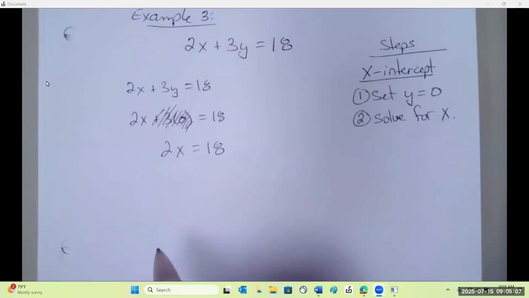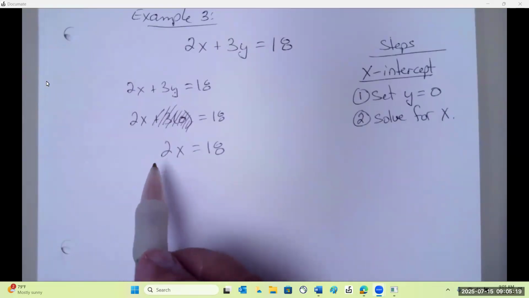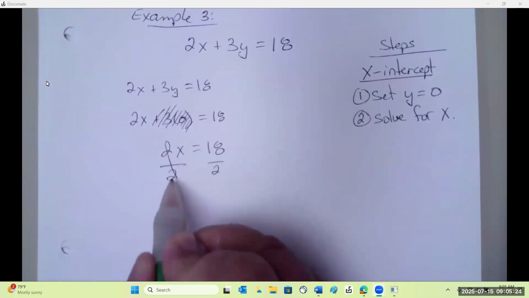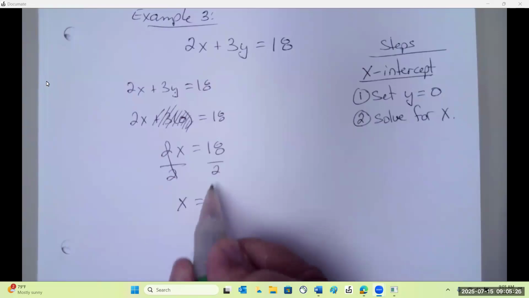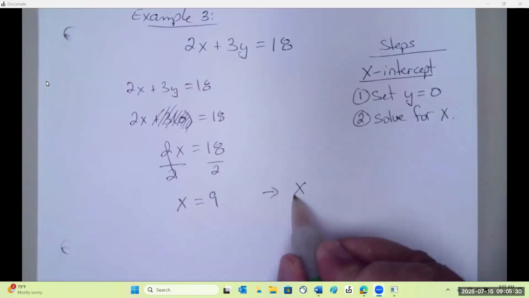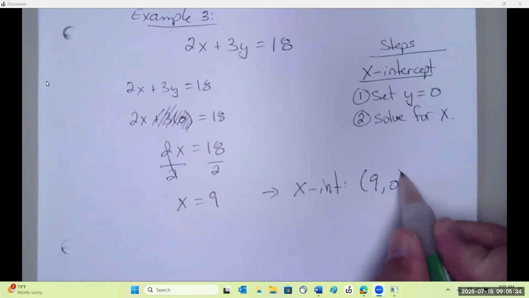Then to solve for x, I do what? Whenever you solve for something, it's always the opposite of what's there. How is 2 connected to x? What operation? Multiplication. So what's the opposite of multiplication? Division. So I divide both sides by 2. 18 divided by 2 is 9. So my x-intercept is at 9, 0.